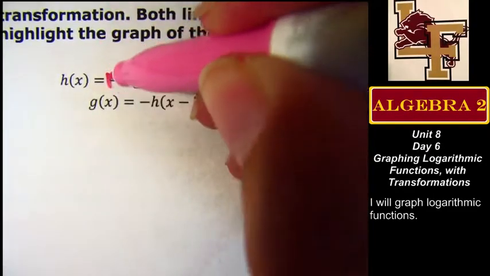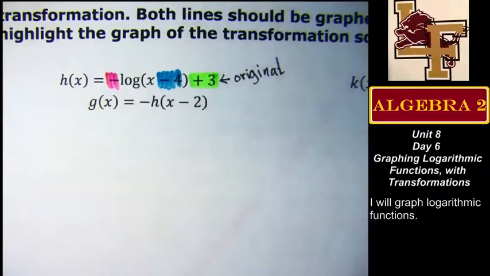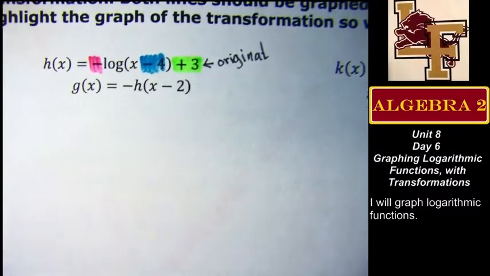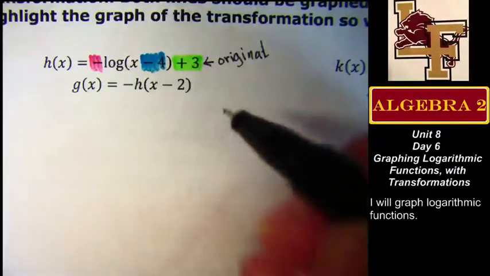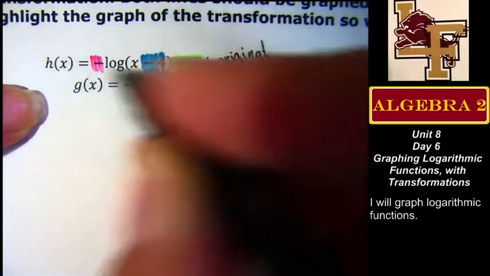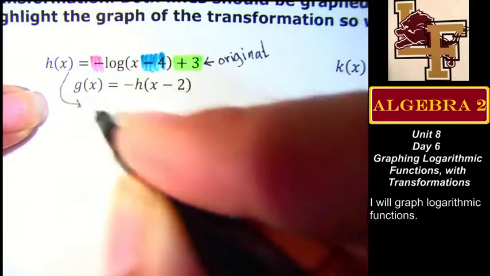And I see a reflect in the x-axis. Now, that's if I were graphing it from some sort of parent, which is really hard to do with logarithms. So instead, I'm going to go back to my graphing by hand, which was our Unit 8, Day 3 and Day 4. So on the original function, going to write this stuff right here.